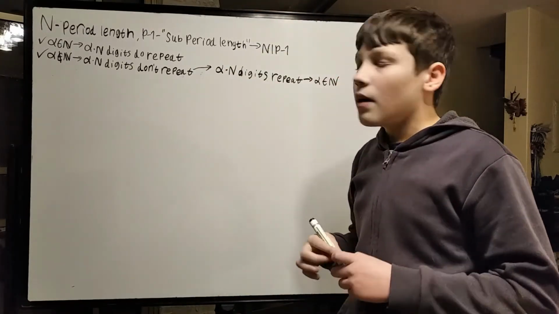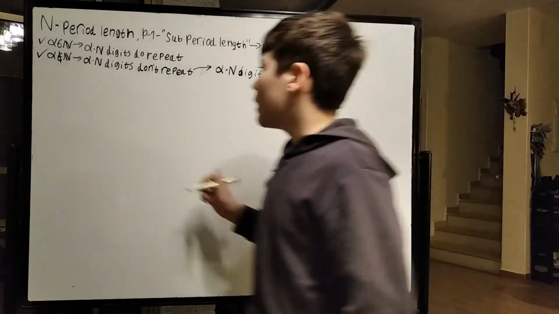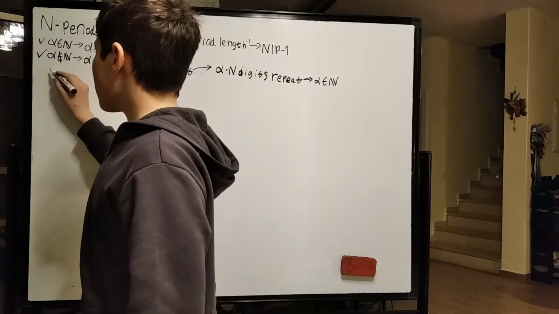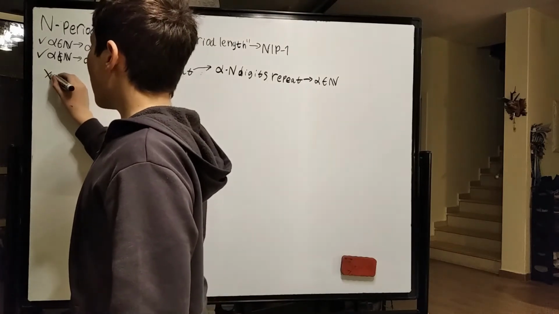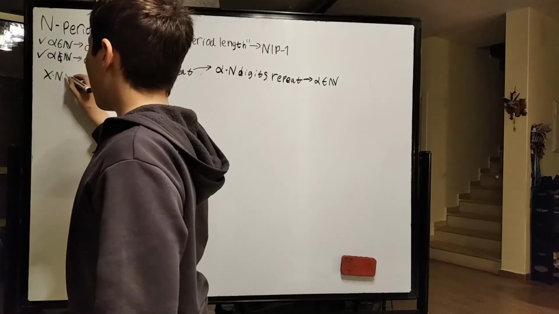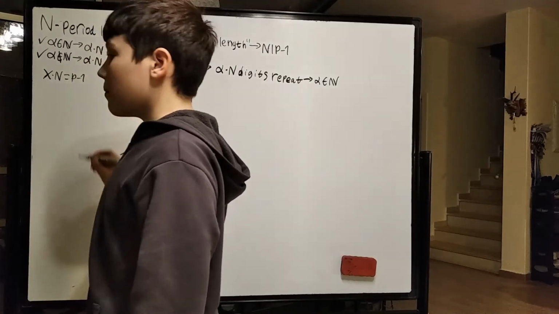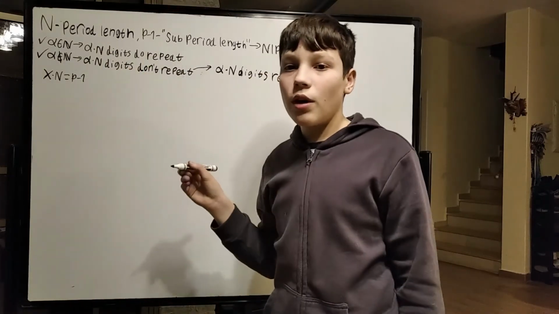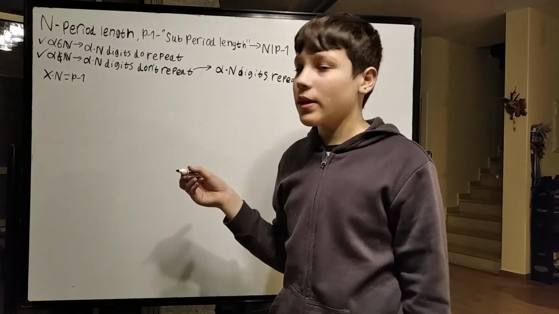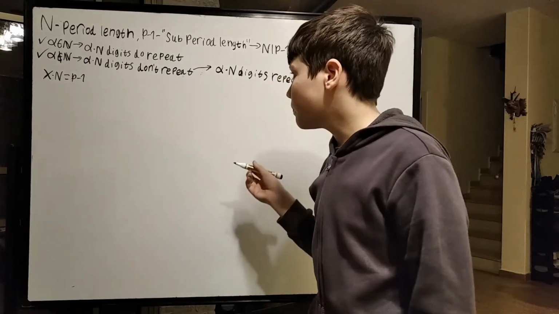Okay, now let's define some things. Let's define x in such a way that when multiplied by n, it will result in p minus 1. But we still don't know if x is a natural number, so we can't just say that n divides into p minus 1.